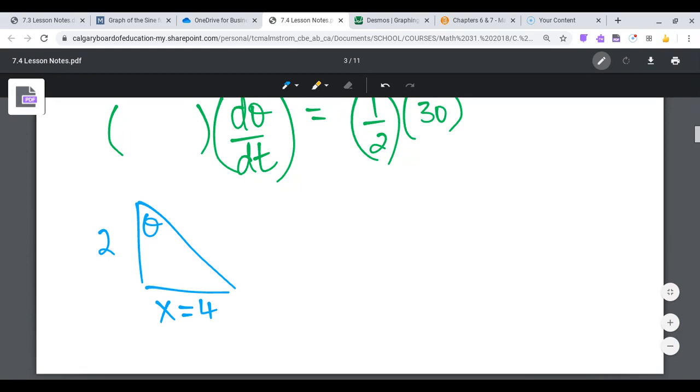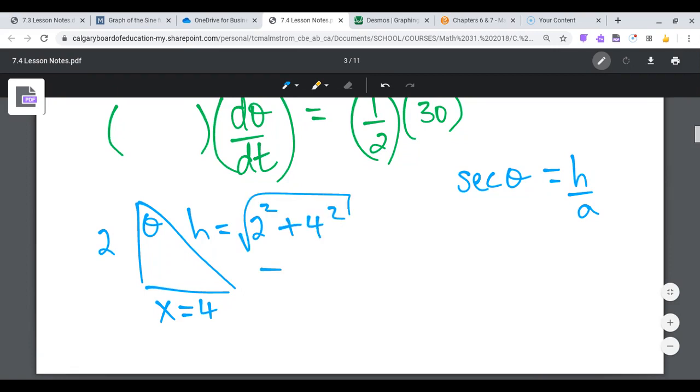So I want to know the hypotenuse because secant theta is h over a, hypotenuse over adjacent. So I need to know my h value. To find that, I'm going to do a quick Pythagoras. 2 squared plus 4 squared, and take the square root of that. So 4 plus 16, I have the square root of 20, which reduces to 2 root 5.